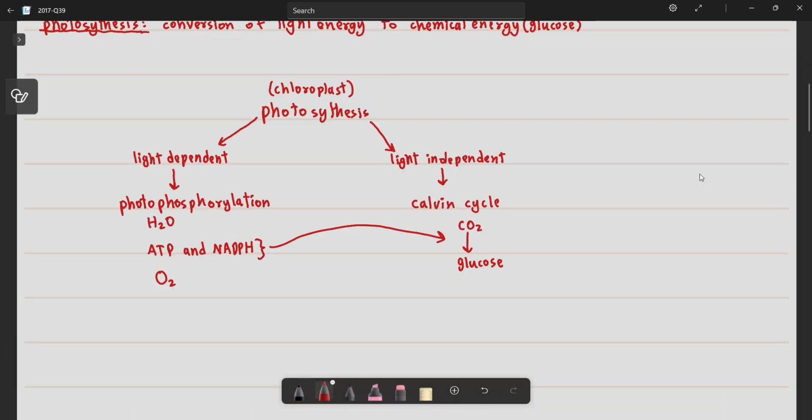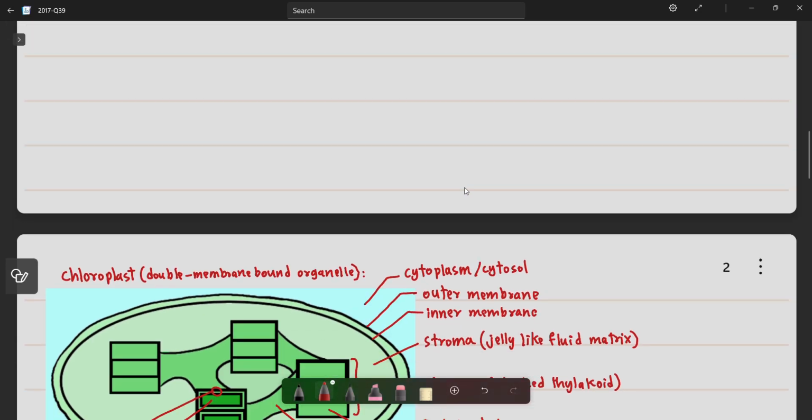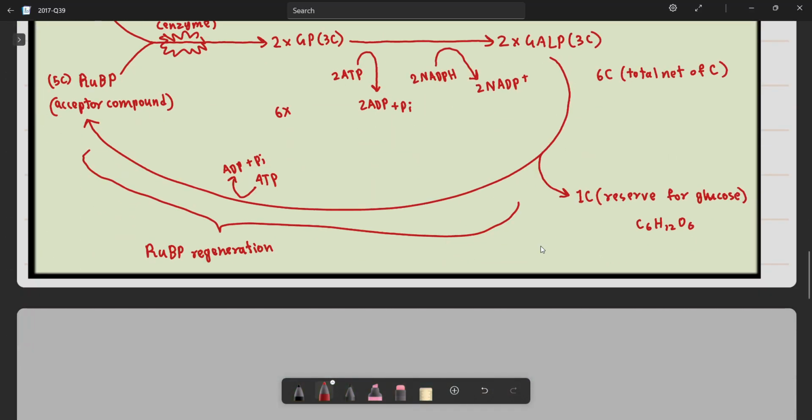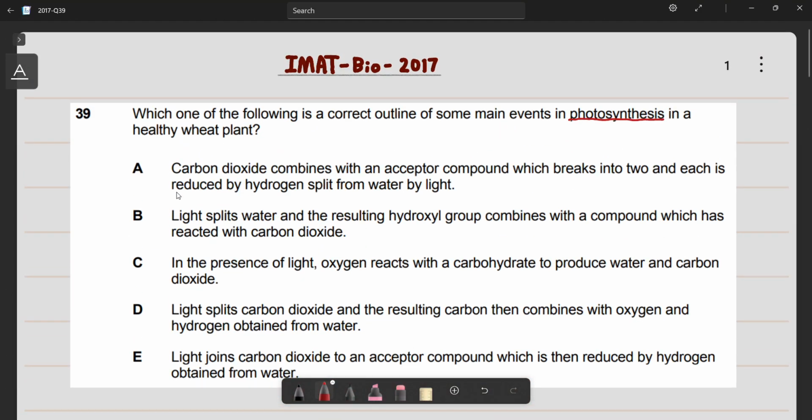Okay, so now we can go back to our question and solve it, since these are the most important things you must know for this question. Now we can read each option to find out which are correct about the process of photosynthesis.